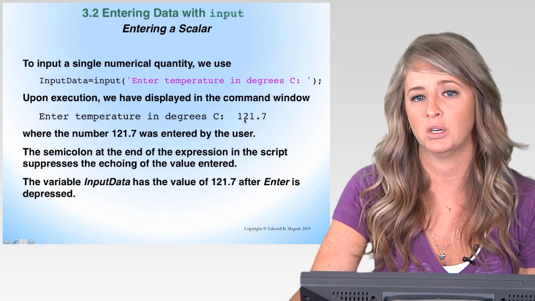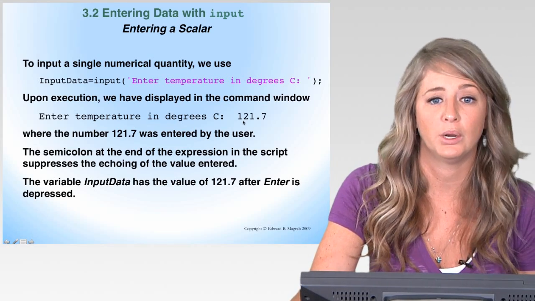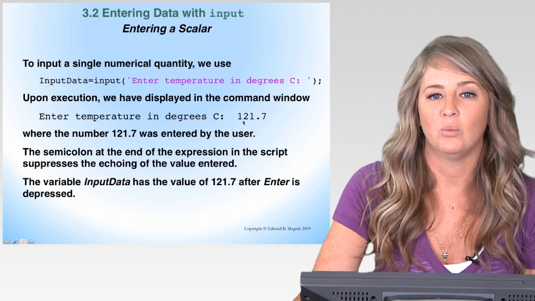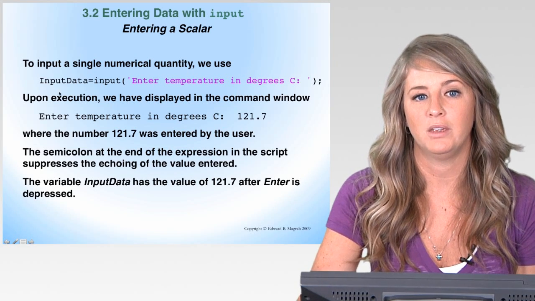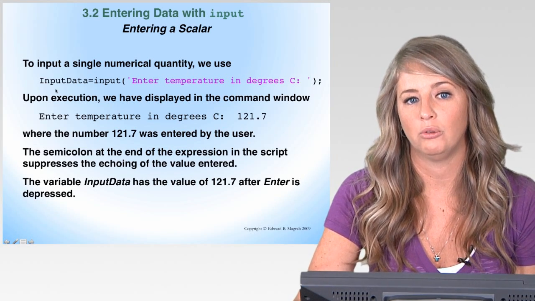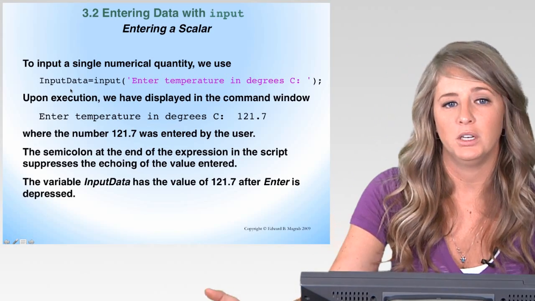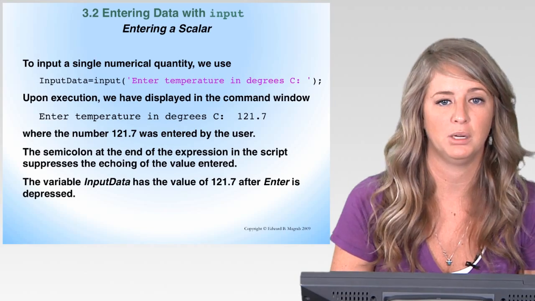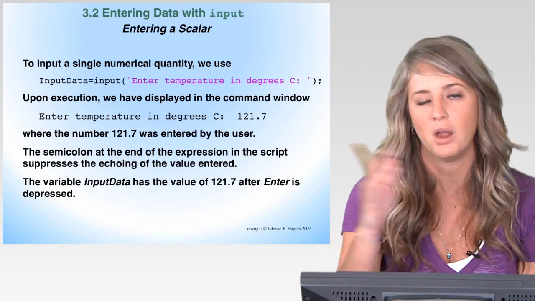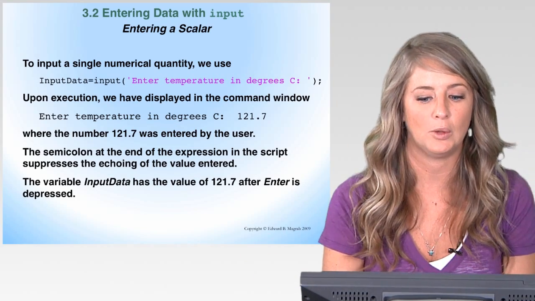The user can then enter, for example, 121.7, and that assigns 121.7 as the value for inputdata. Then you can continue to use inputdata in further code to do any additional manipulations, calculations, plotting of graphs, or whatever you want to do with that temperature.